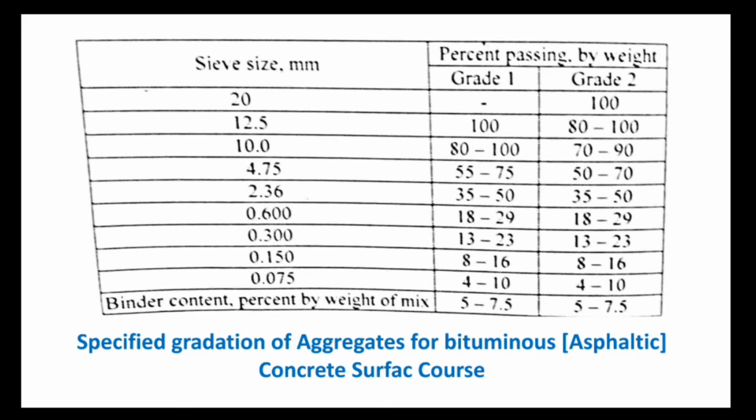That means the voids present in the coarse aggregate will be filled by the fine aggregate, whereas the voids present in the fine aggregate will be filled by the filler material. And still, if there are air voids remaining in the specimen sample, then they will be filled up with the bitumen.